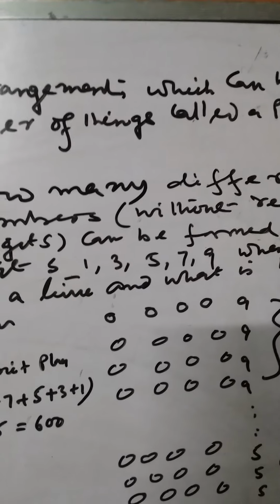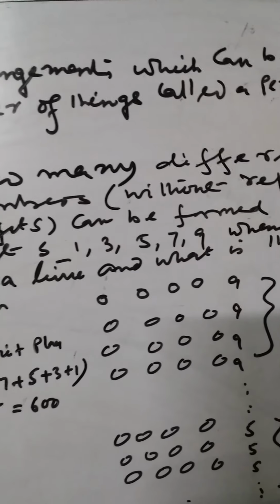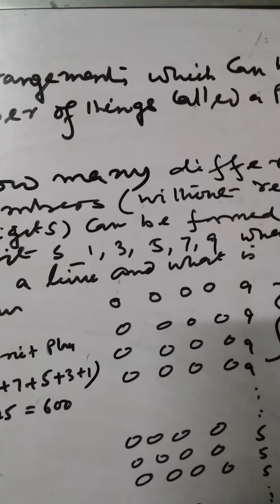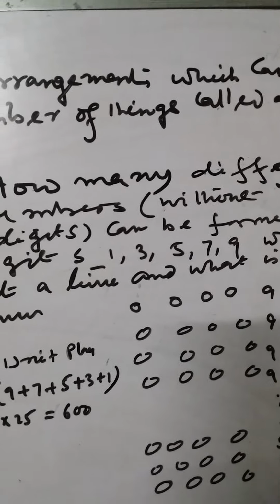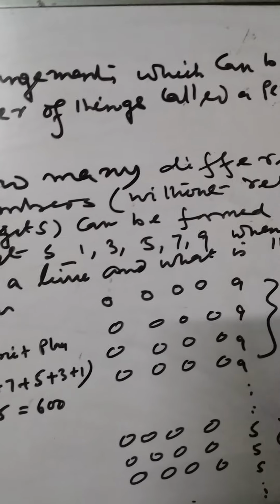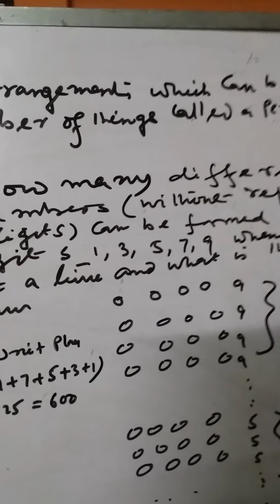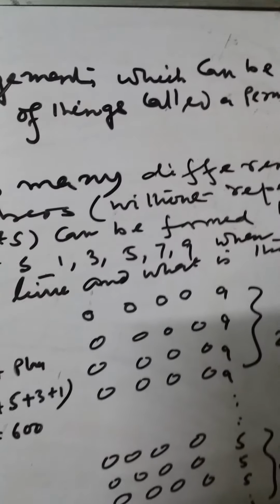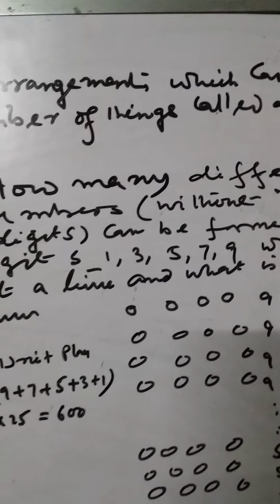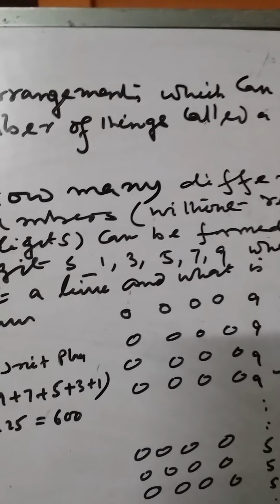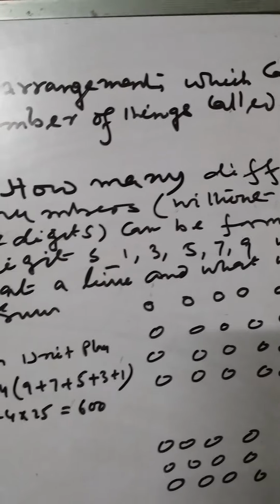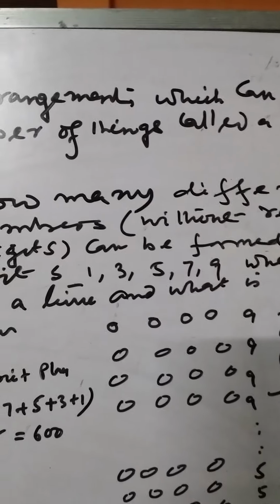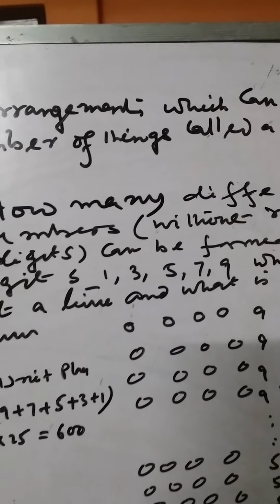Then what will be the number of permutations forming these 5 numbers, and what will be the sum? That is the question.